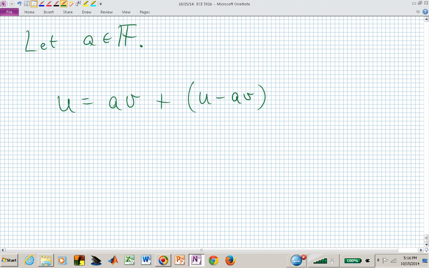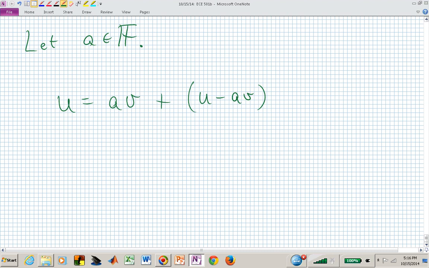The thing that I haven't yet done is I haven't said what a is. So a, we want to pick such that av, that's in the direction of v, is orthogonal to u minus av. Think about that over the weekend while you're doing homework 4, maybe homework 5, and we'll figure out how we define this scalar a so that this decomposition is an orthogonal decomposition.